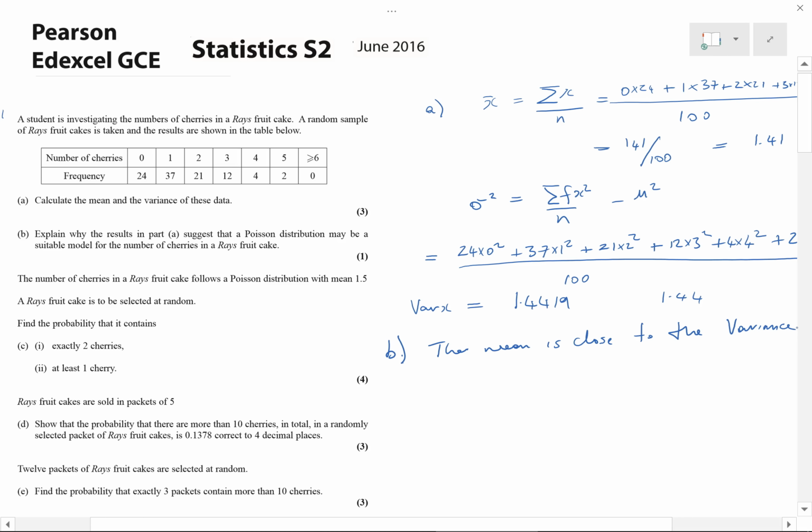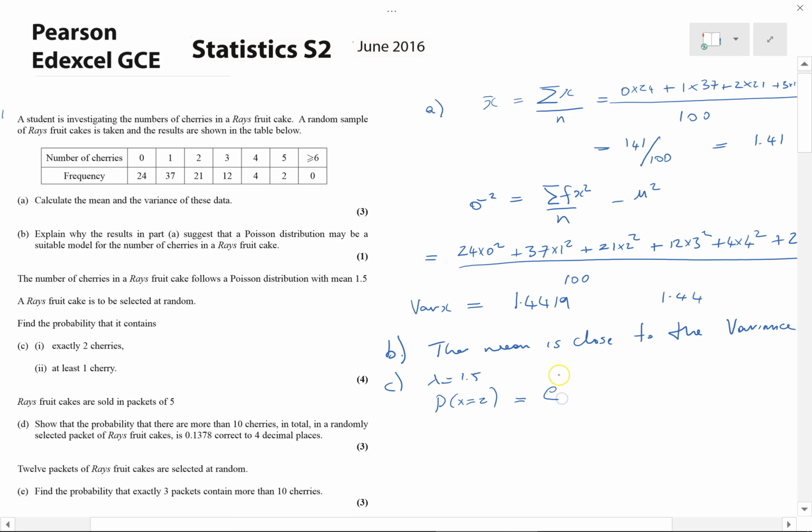Okay, so now we are told that this is Poisson with mean lambda 1.5 per fruitcake, the number of cherries in a fruitcake. So we've got lambda equals 1.5. So we've got the probability of x equals 2. We can use tables to do this, but because it's one single value, I'm going to use the formula.